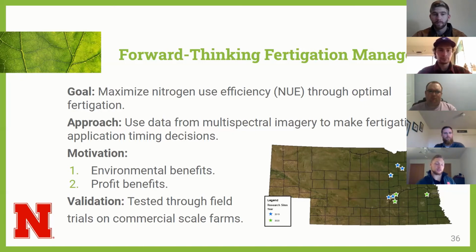Lastly, we are validating this method through field trials on commercial scale farms, and all the stars in the picture on the right show where we've had commercial scale farm trials over the past 2 years.